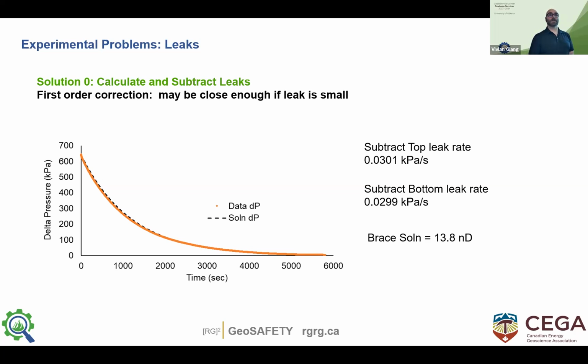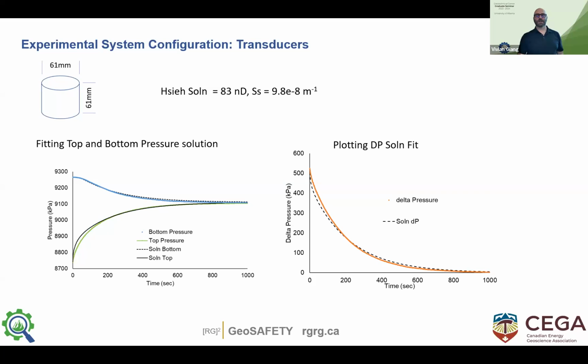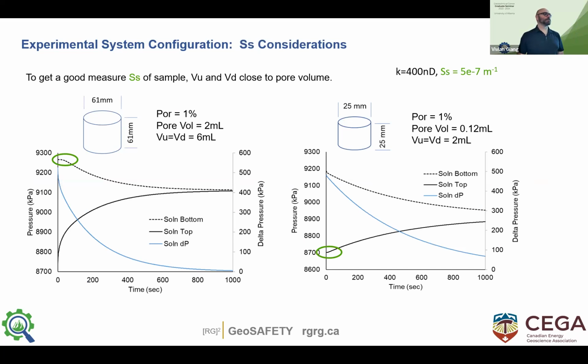But what does that number mean at 100,000 years? For most of us as geotechnical engineers, 14, 15, 16 nanodarcies is the same number. It's zero.